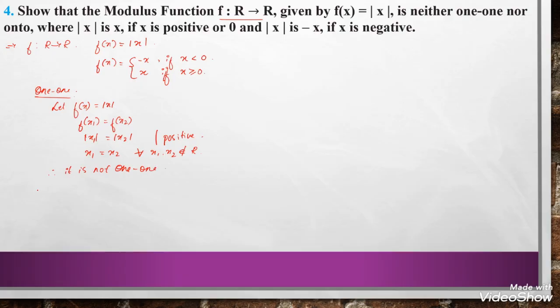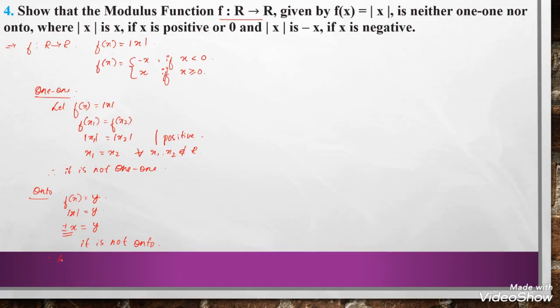Then for the onto condition, f of x is equal to modulus of x. Then solve for x. Whatever the value of the image y, it may be positive or it may be negative. The preimage always depends on x. That's why it is not onto.